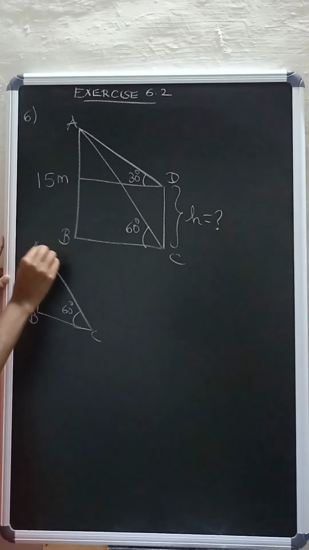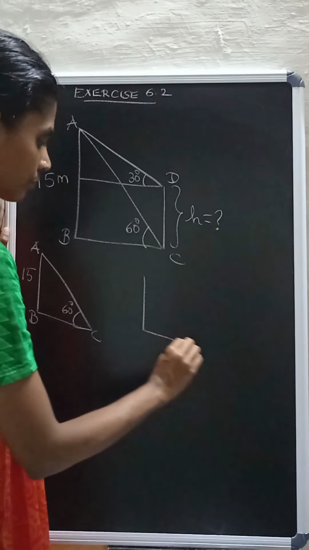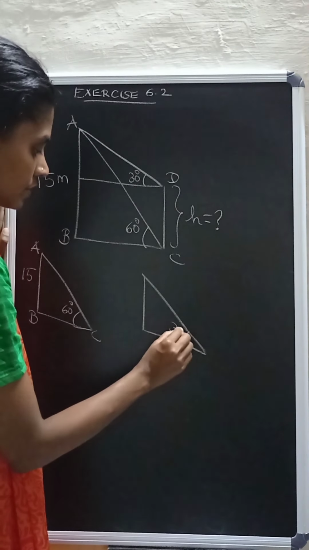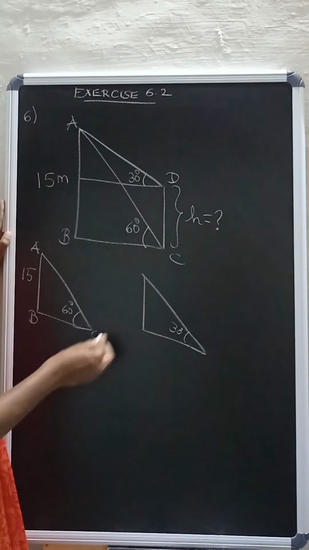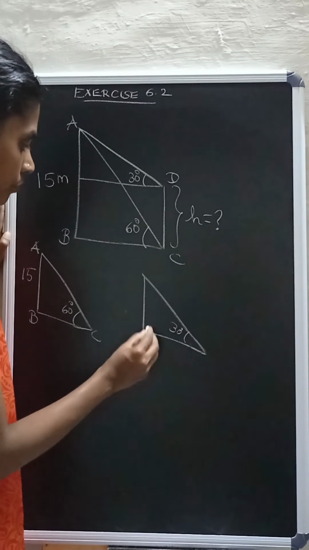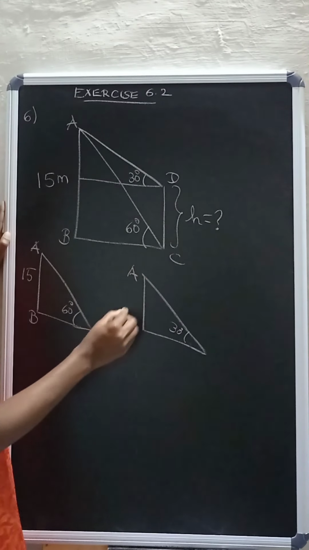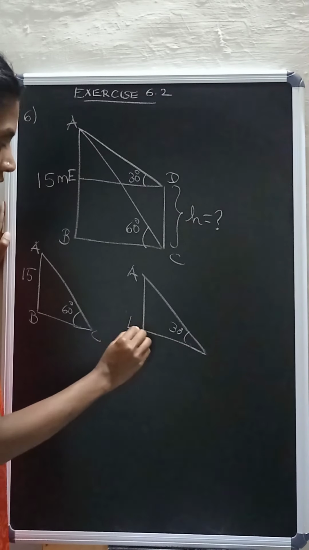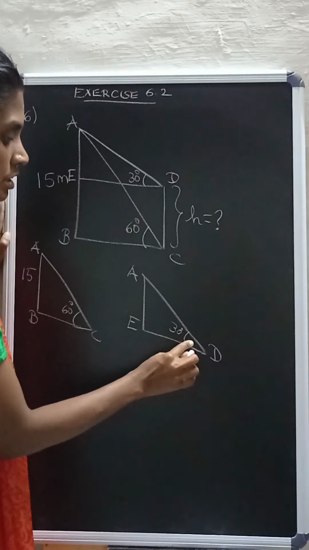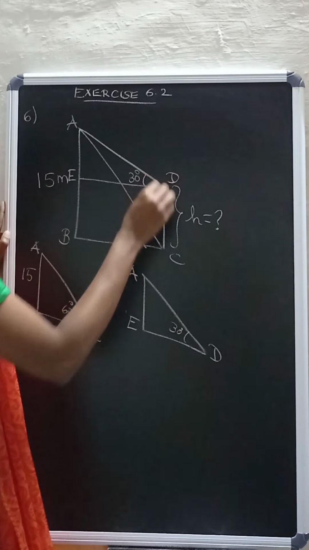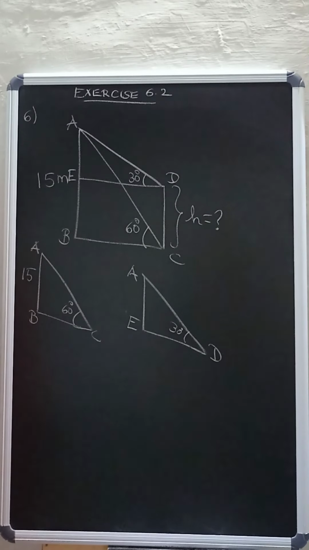B, C. 30 degrees. This will be A, E, D. So this naming you can give by yourself according to your convenience.